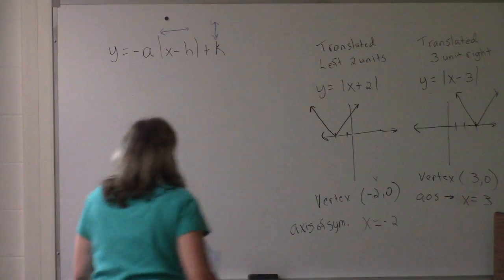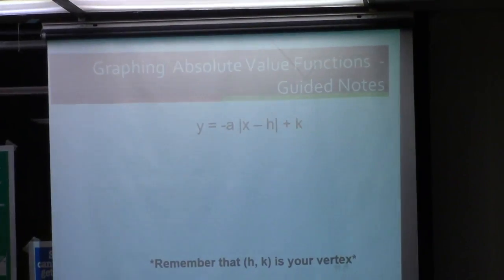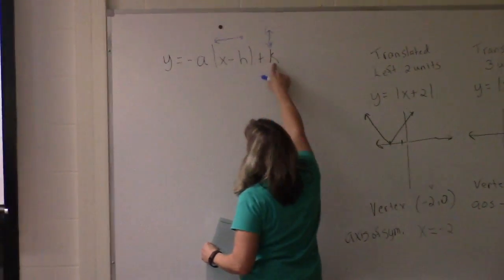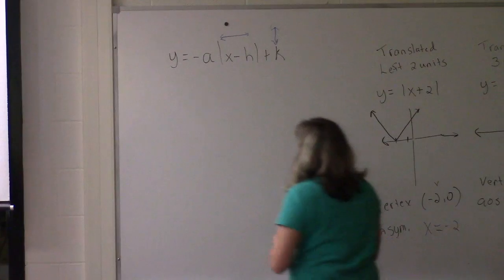What I also noticed here was H and K are my vertex. So I've got 2 on the inside, nothing on the outside. So I got a 0 right there. So my vertex is -2. So this right here, H and K are my vertex. To determine that, looking just at the equation, I can do this.